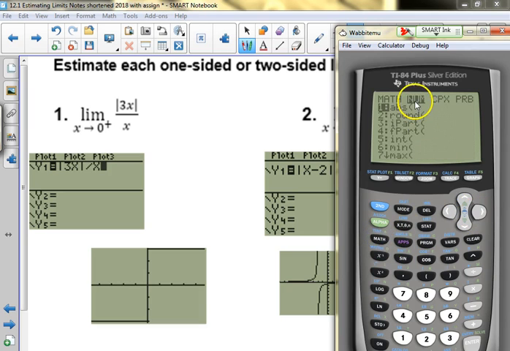Arrow to the right to the number menu, and then it's ABS. 3x goes in the absolute value, and then divided by x goes on the outside of the absolute value. Okay, you could just do a zoom 6 for a standard window. And the graph jumps, right?